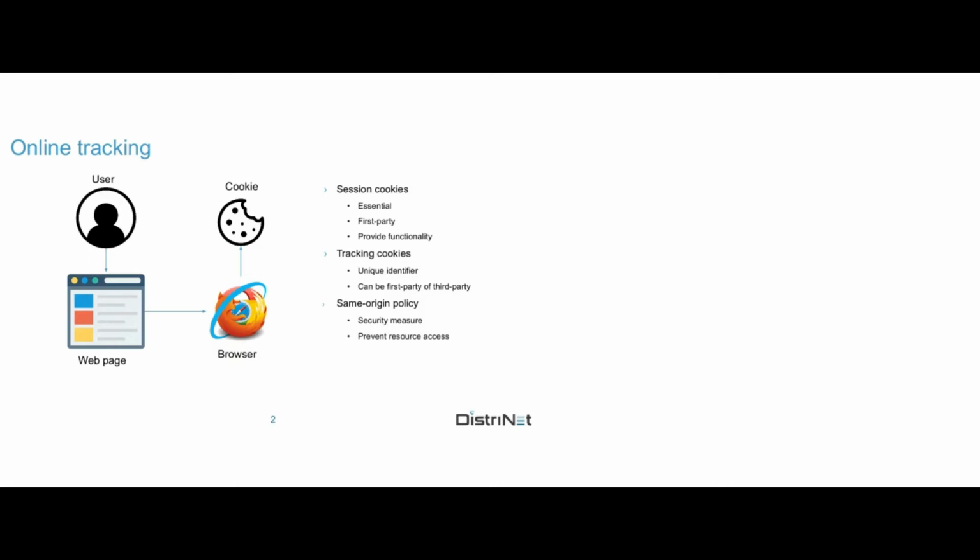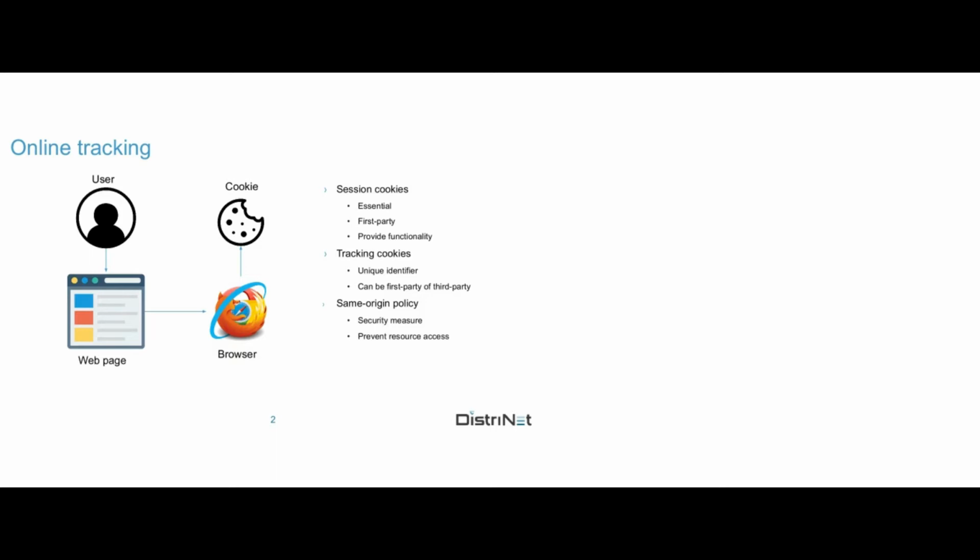These are typically called session cookies and are first party, which means that they are set by the website which the user is visiting. However, there are also other kinds of cookies, such as tracking cookies, which store a unique identifier for the user, and they can be used in a first-party context or a third-party context.